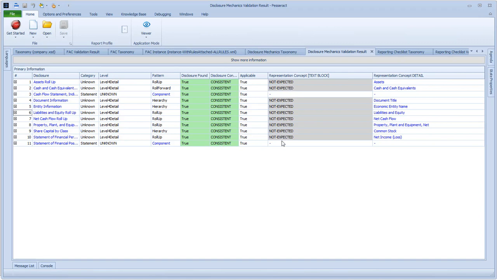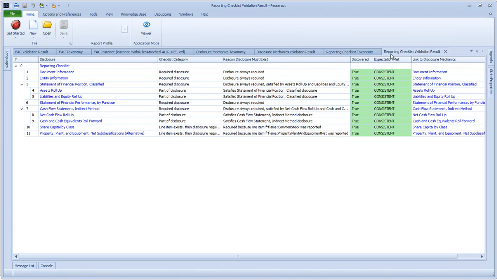So there are no text blocks. I'm not doing text blocks in this case. So from a reporting checklist or the disclosure rules, there are also 9 pieces. So it's a little harder to see. I have to fix this.